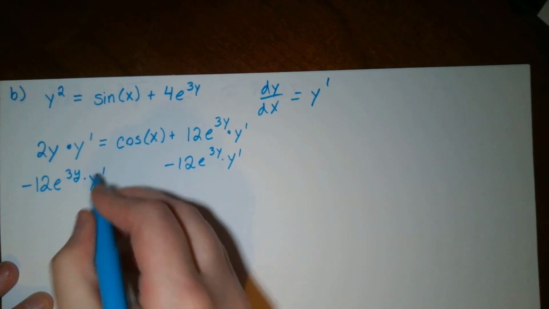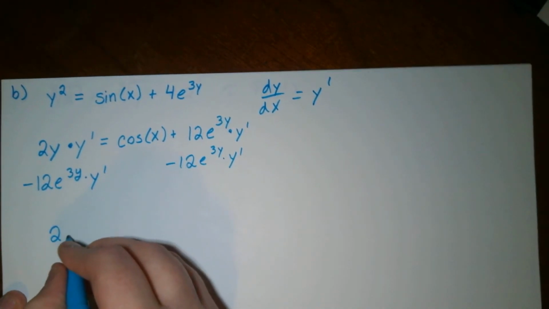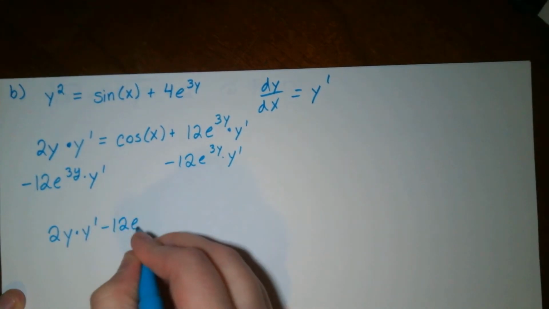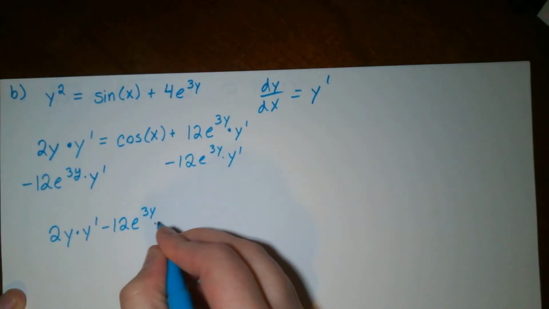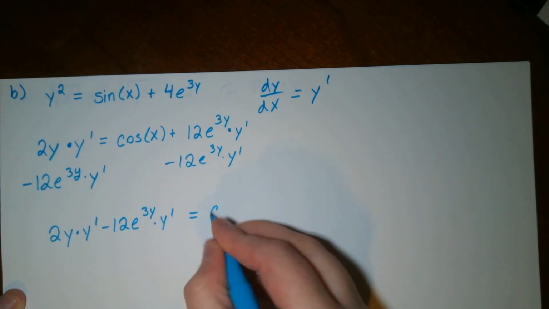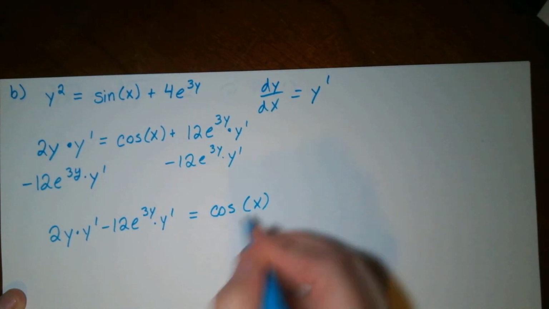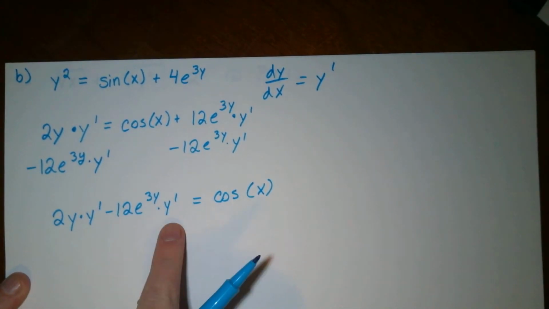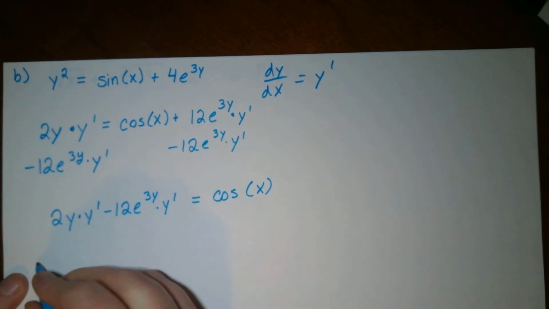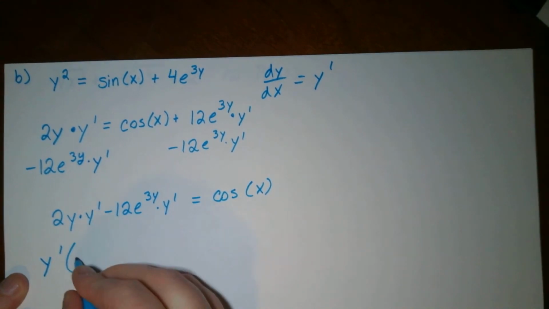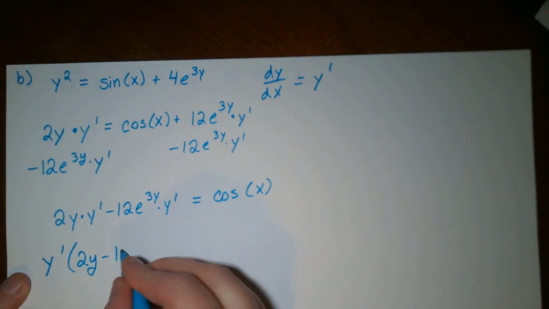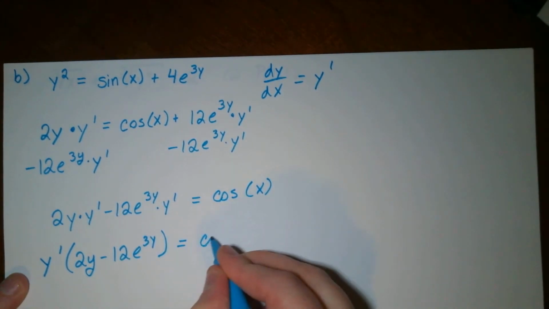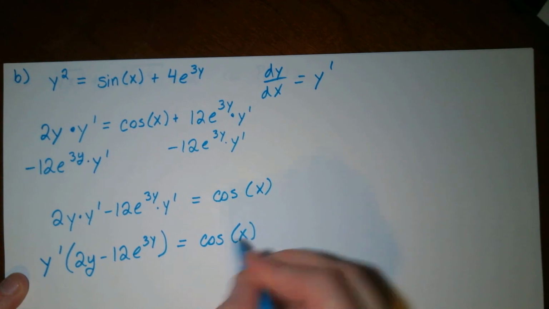So I will have 2y times y prime minus 12e to the 3y times y prime equals cosine of x. The reason I move all the y primes over to one side is now every term has a y prime, so I can go ahead and factor that out. So I have y prime times 2y minus 12e to the 3y equals cosine of x.